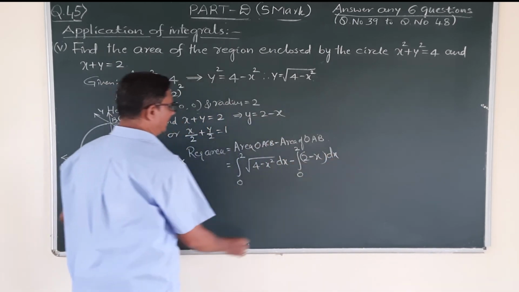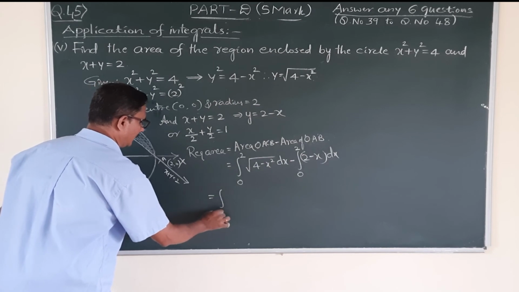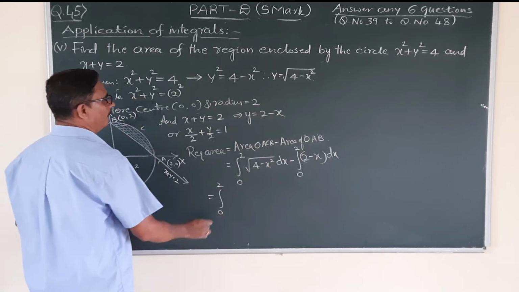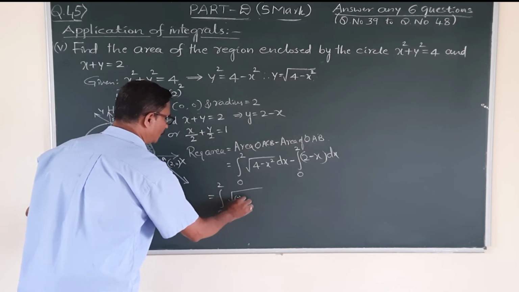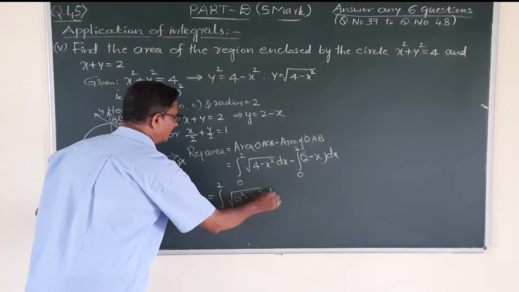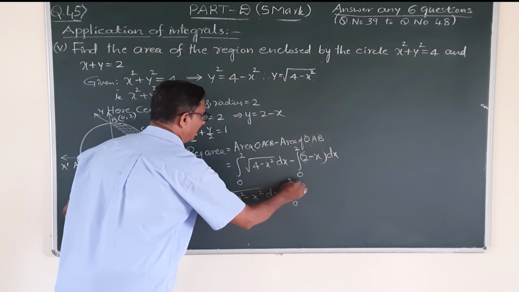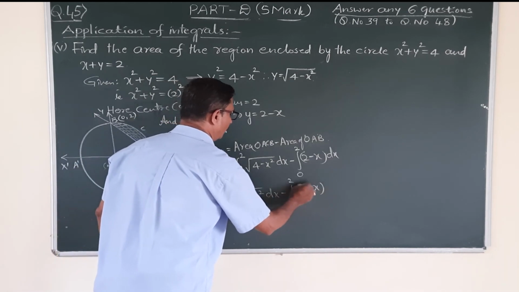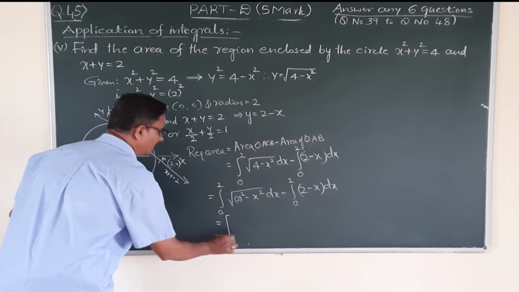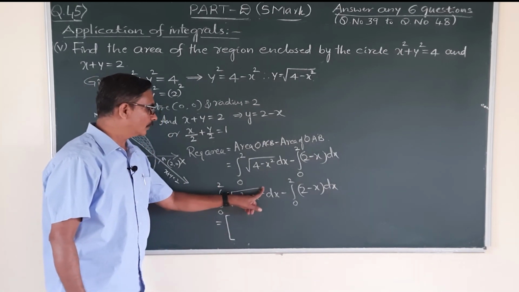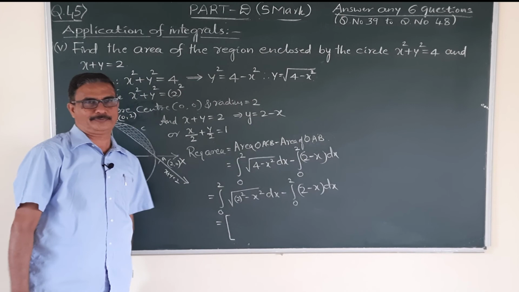Then integrate one by one. So integral from 0 to 2 of root of 2 square minus x square with respect to x, since 4 can be written as 2 square, minus integral from 0 to 2 of 2 minus x with respect to x. Now clearly it is in the form of integral of root a square minus x square.